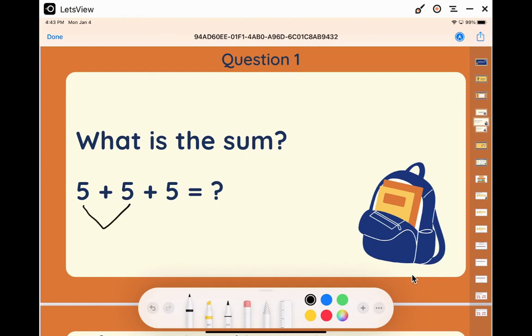And so 5 plus 5 is 10. And then we can bring down the other add-in. 10 plus 5 equals 15. So 5 plus 5 plus 5 equals 15. How did you do, guys? Let's take a look at question number 2.